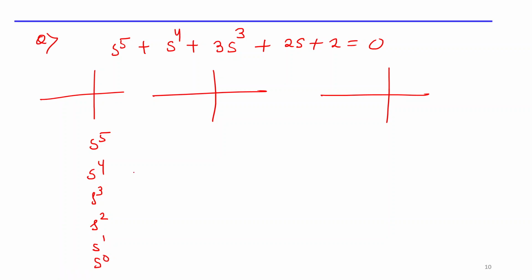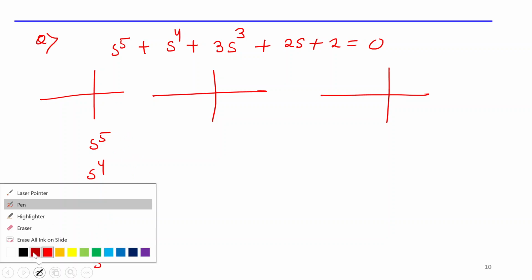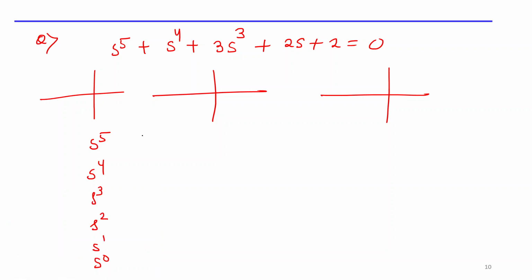These are the terms we need to find out. First write down what is there. S to the power 5 coefficients: 1, 3, 2. Next S to the power 4: 1, 2, and nothing more, so 1, 2.